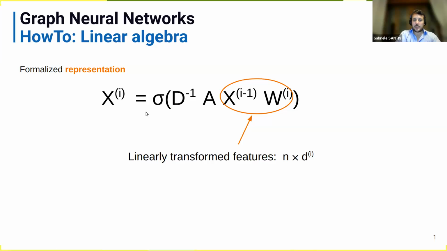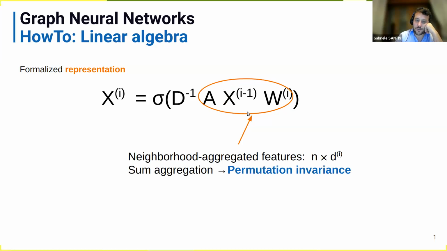Okay, and so altogether, we first do a linear transformation of our input features by a learnable weight. Then we do a neighbor aggregation. We aggregate the features, in this case by sum, and this implements the permutation invariance.